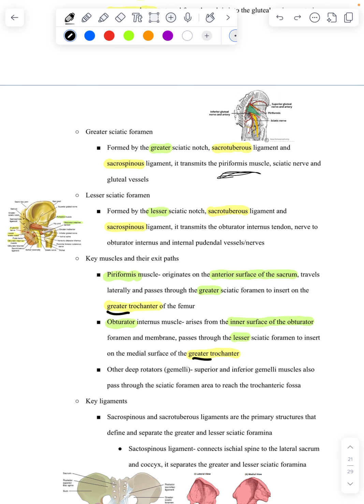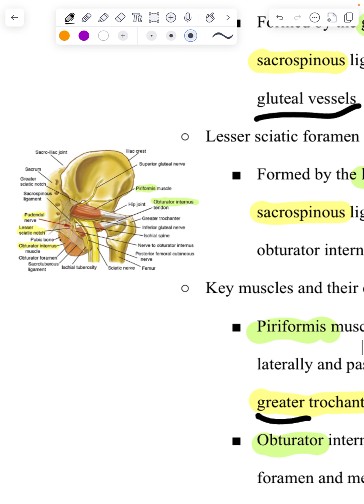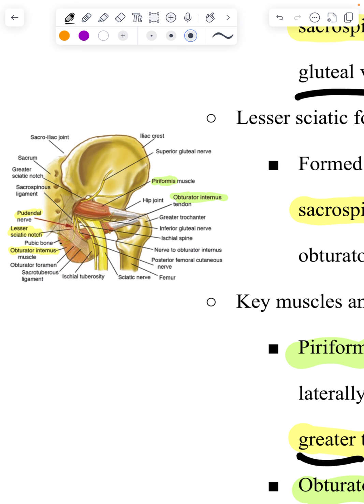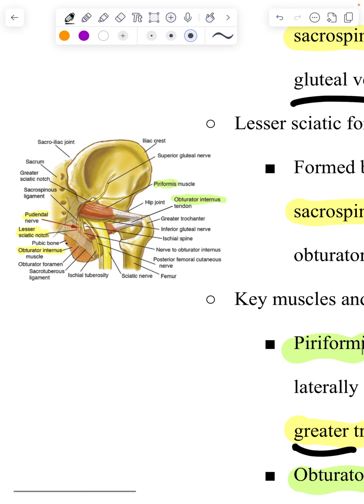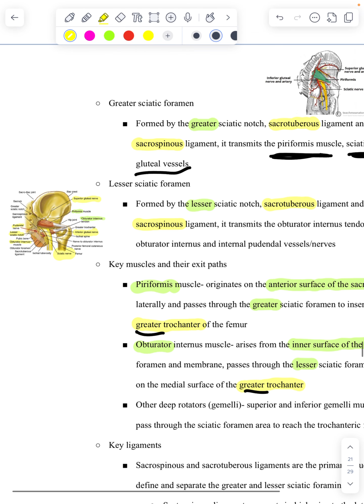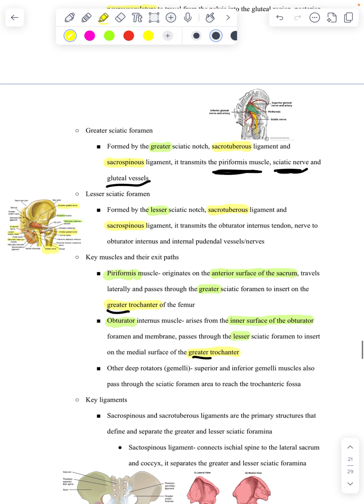So you have your piriformis muscle, but you also have your sciatic nerve and then the gluteal vessels. So you can see the sciatic nerve here. Let me highlight them. And then your gluteal vessels and nerves. So you have your inferior gluteal nerve and the superior gluteal nerve. Gluteal vessel, sorry. So those go through the greater sciatic foramen.